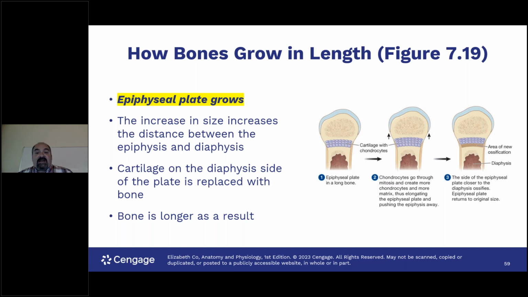And the area of ossification, look on that slide number 3. It's kind of hard seeing here, but you can see it on your PowerPoints. You see here this is the diaphysis. Area of new ossification is right here.